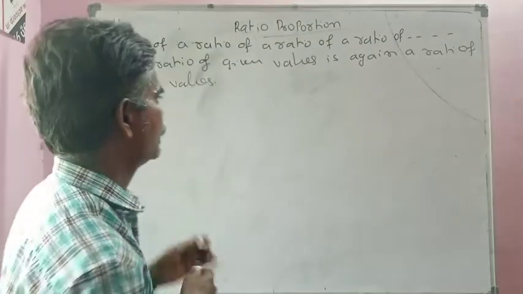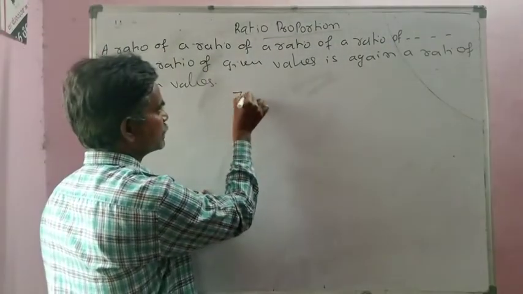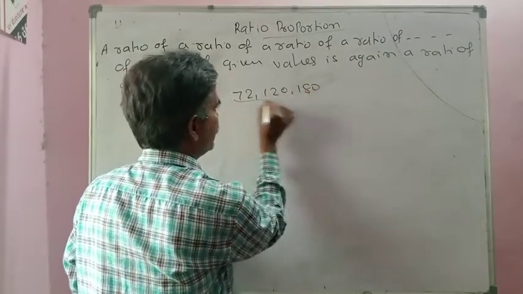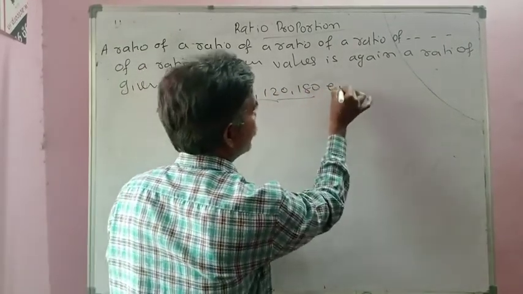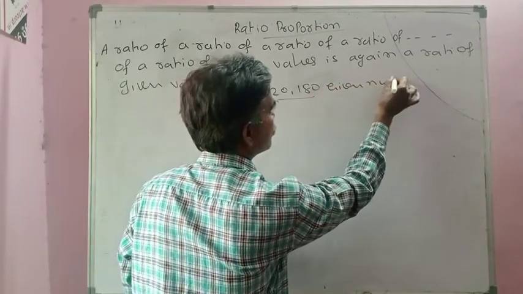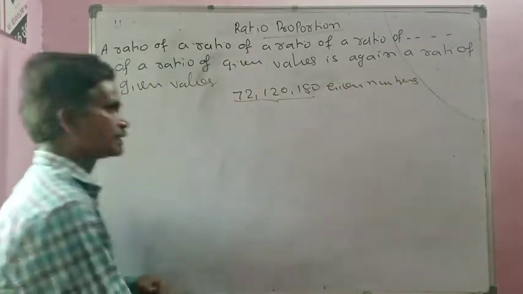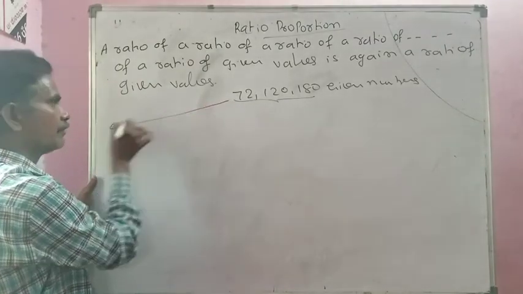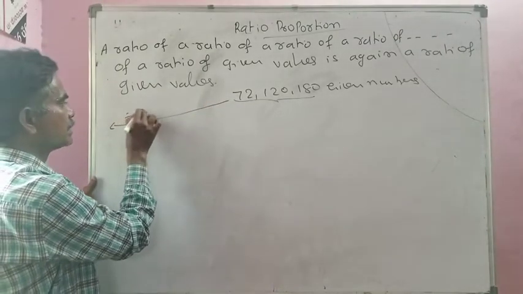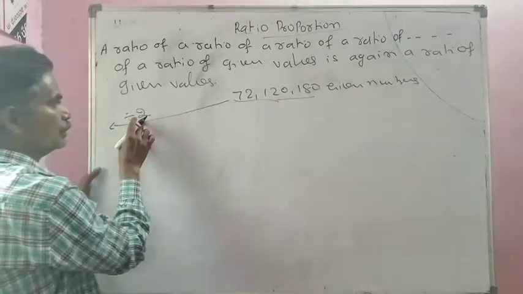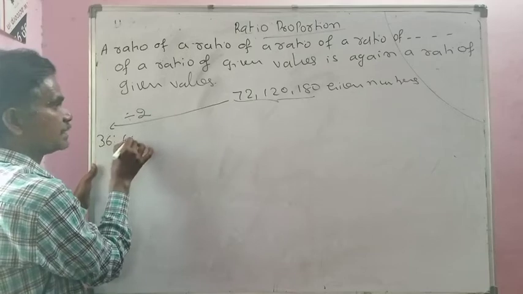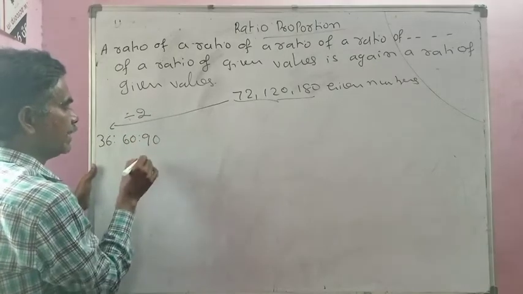For that, let us take the numbers 72, 120 and 180 as the given numbers. Let us find some ratios for these numbers. For that, let us divide these numbers by 2. Then you will get 36, 60 and 90.